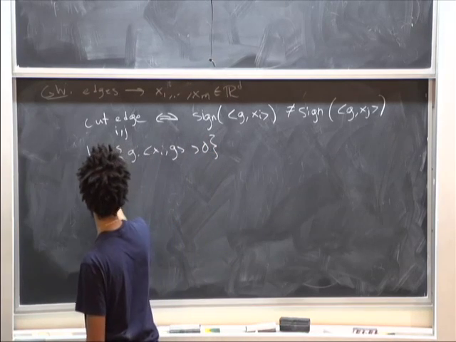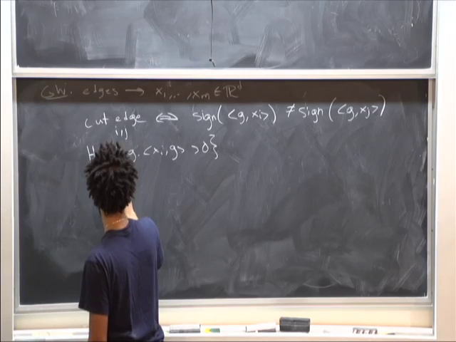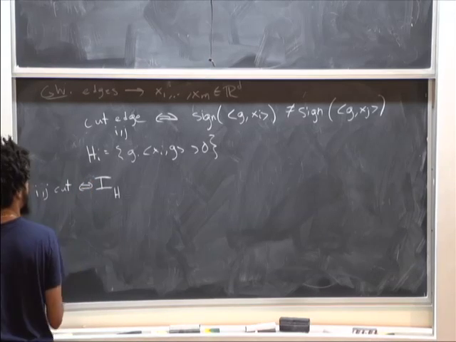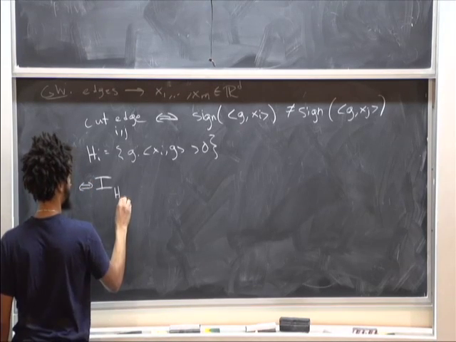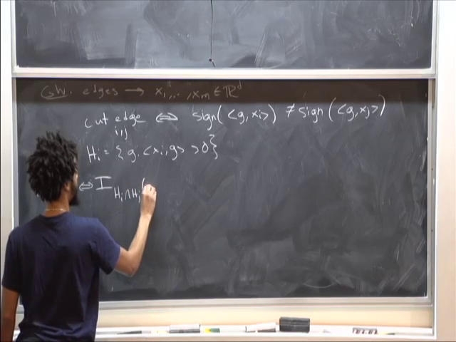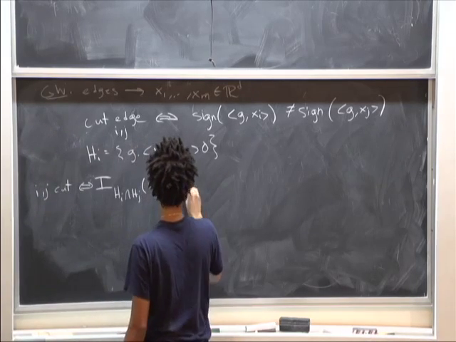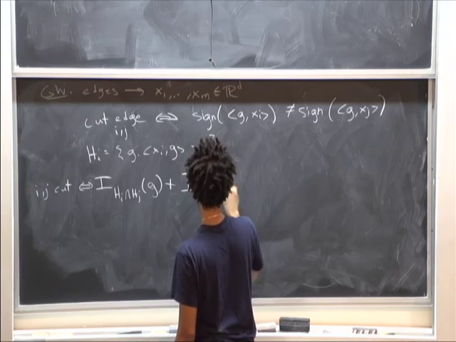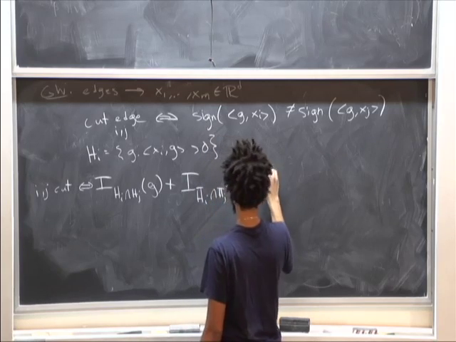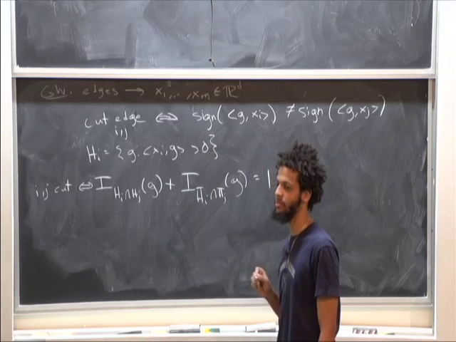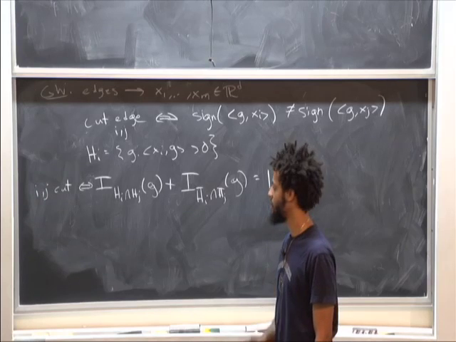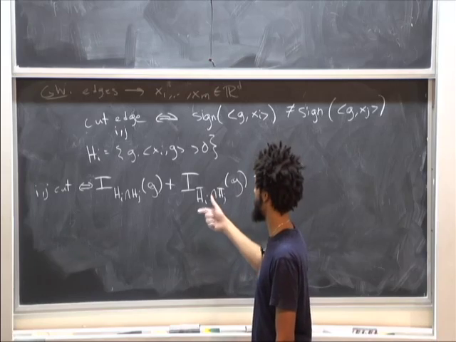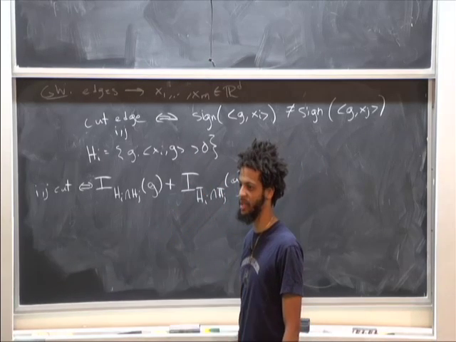And then I want to fool the indicator function of hi intersect hj at G, or the other way, hi complement intersect hj complement of G, is 1. This is pretty much the same thing, except instead of greater than 0, it's less. So fooling things like this is really what it boils down to.